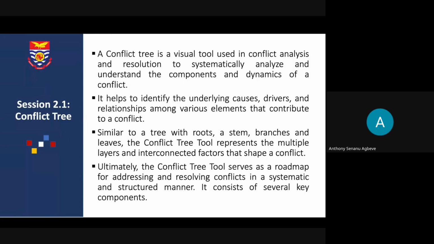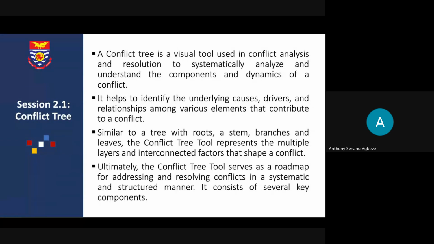And in doing this, we want to understand the various components and dynamics of that conflict, to appreciate why or what is driving that conflict, right? So the conflict tree specifically helps us to identify the causes of that given conflict, the drivers, what is fueling the conflict, and then the relationship among the various elements that are contributing to that conflict, right?